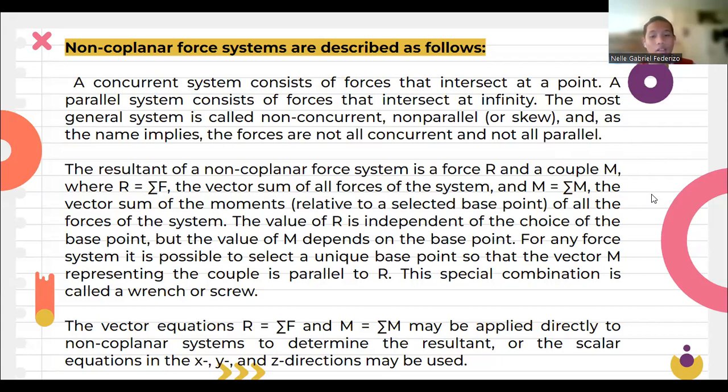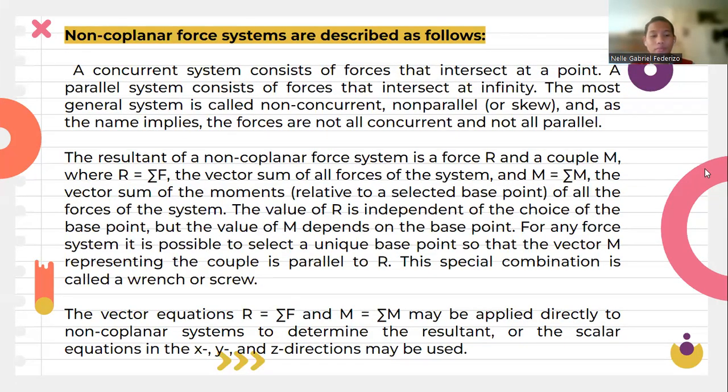The value of R is independent of the choice of the base point, but the value of M depends on the base point. For any force system, it is possible to select a unique base point so that the vector M representing the couple is parallel to R. This special combination is called a wrench or screw.